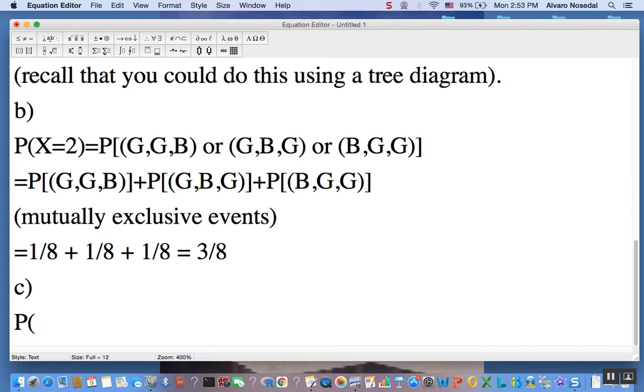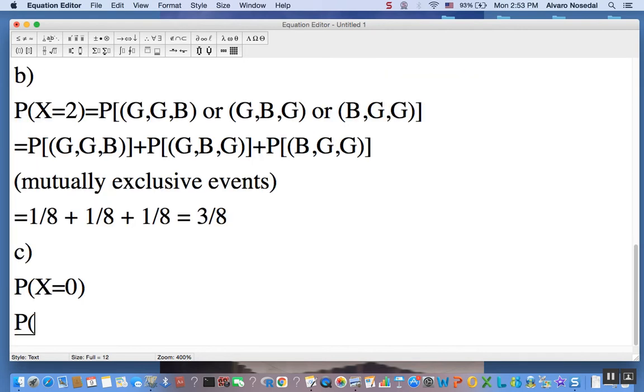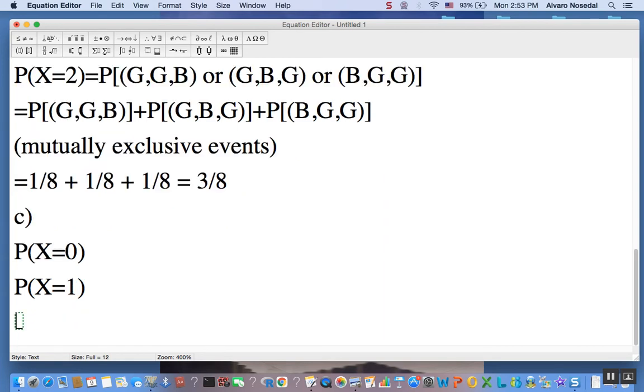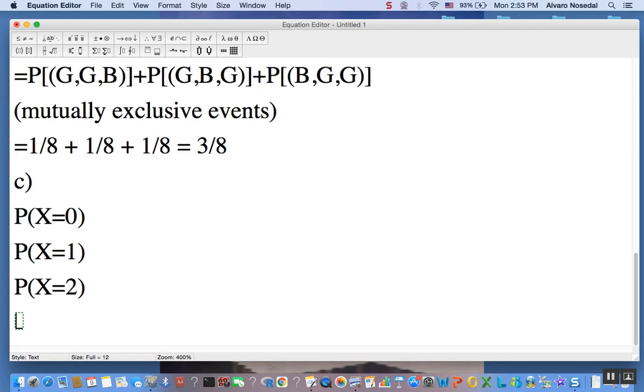So x could assume the value 0. Maybe they have no girls. Or x could be 1. Or x could be 2. Or x could be 3. By the way, notation, we're going to be using a capital X, Y, or W sometimes to refer to random variables.